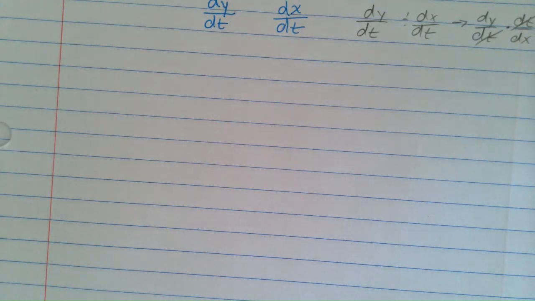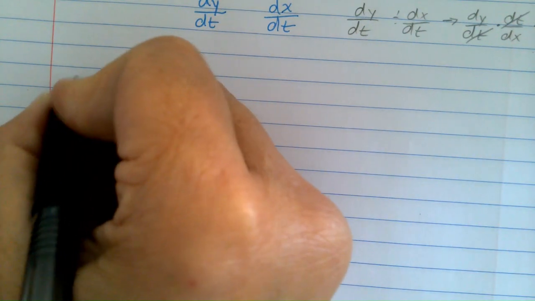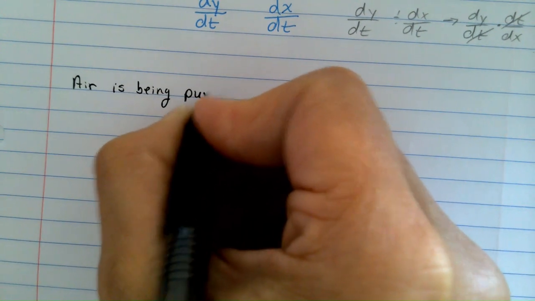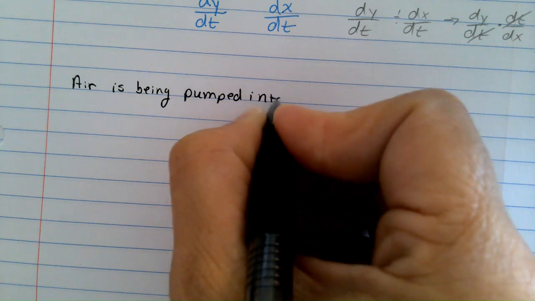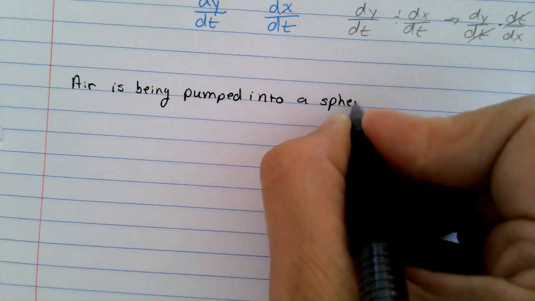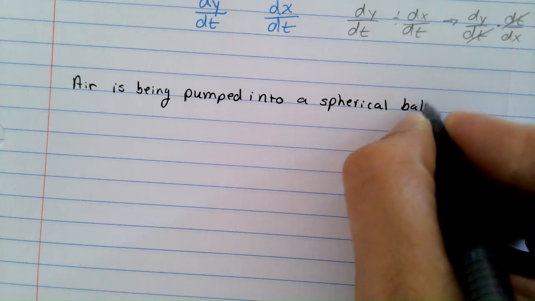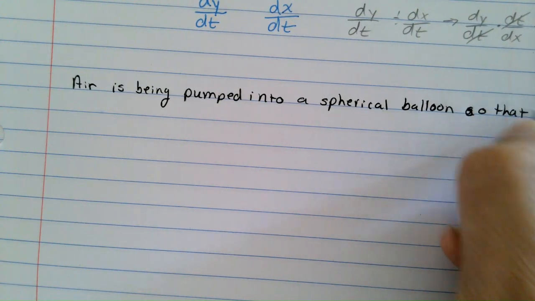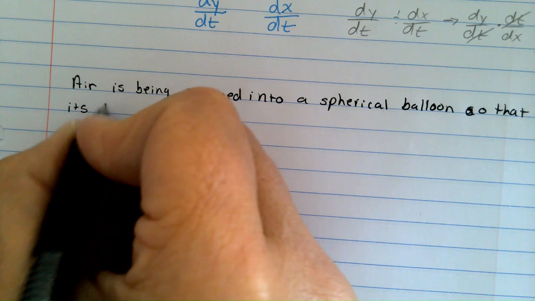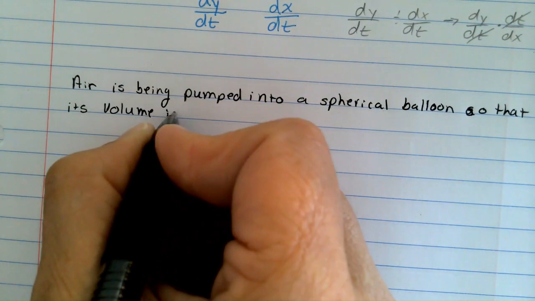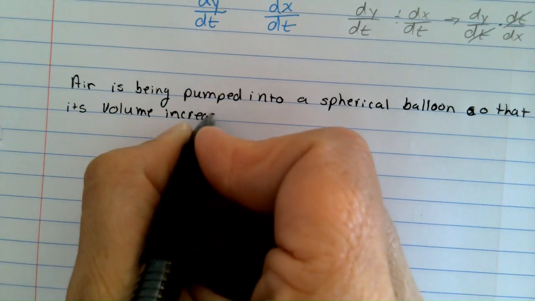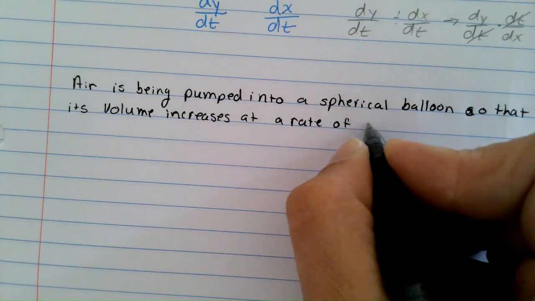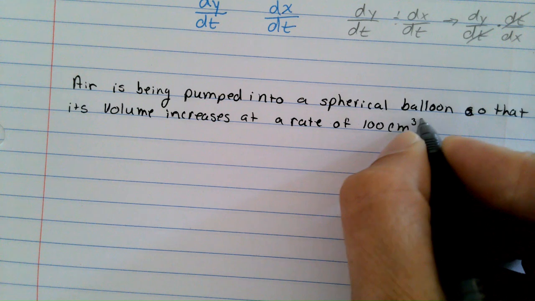Okay, so here we go. Air is being pumped into a spherical balloon so that its volume increases at a rate of 100 cubic centimeters a second.